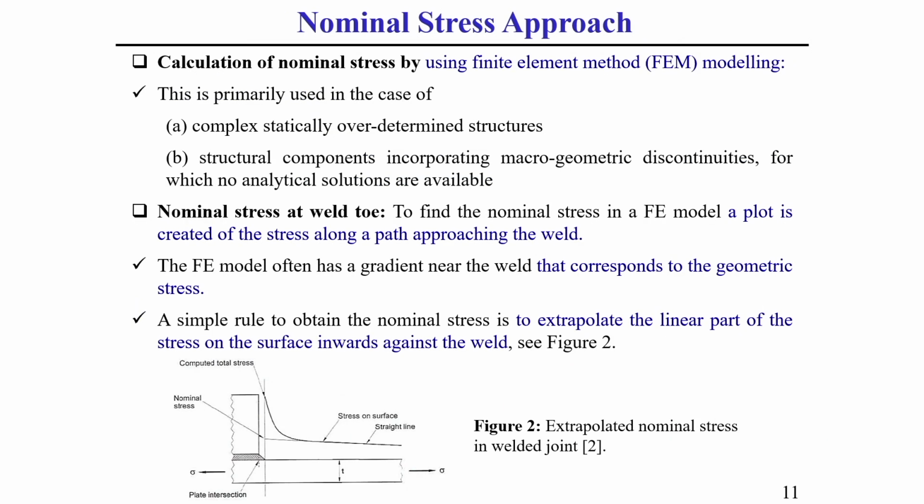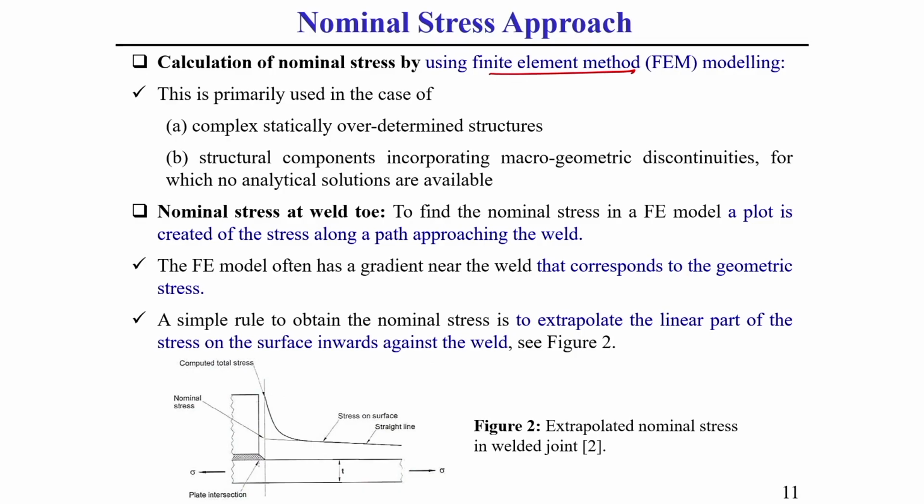But if the geometry is complex in nature, calculation of nominal stress is generally done by using the finite element method. This is a numerical method. Here we need to do the modeling first. Finite element method means first we need to discretize, or mesh, the structure into a finite number of elements.